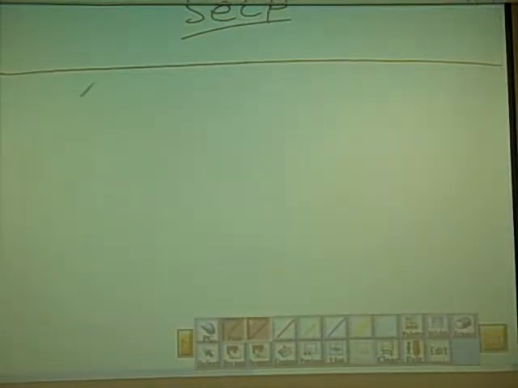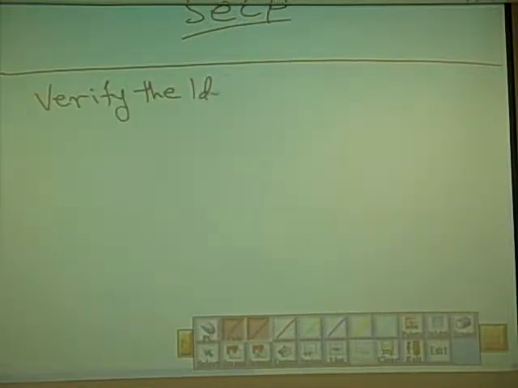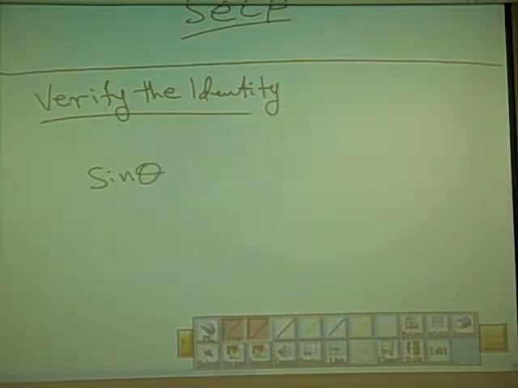Here we want to verify the identity. We want to verify that sine theta over tangent theta equals cosine theta.